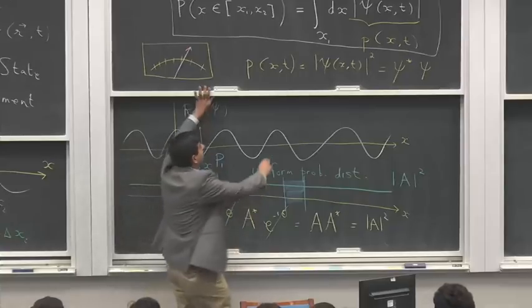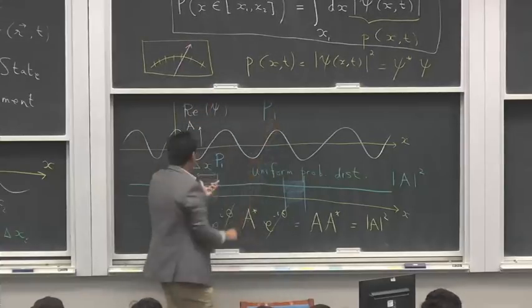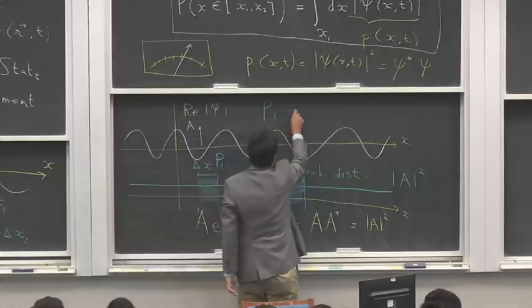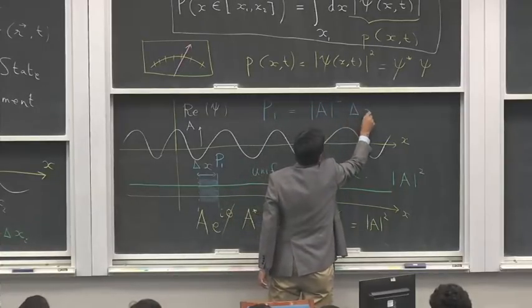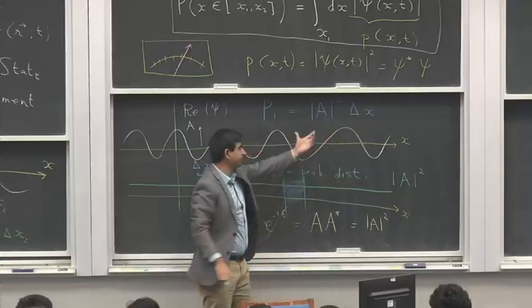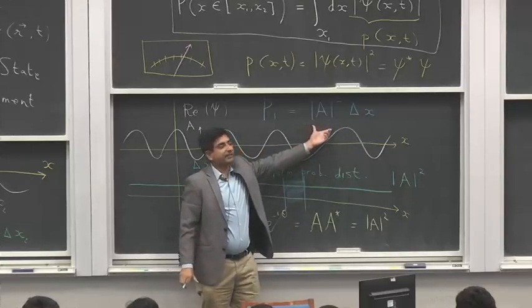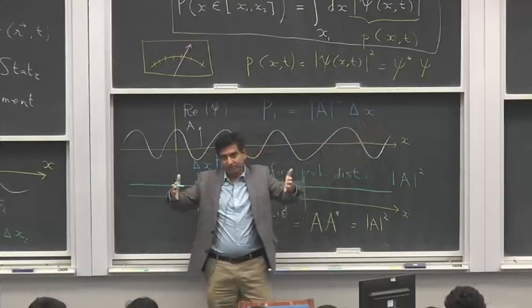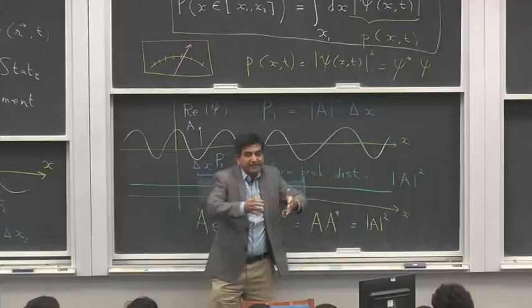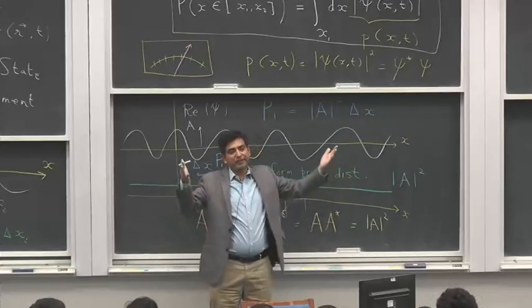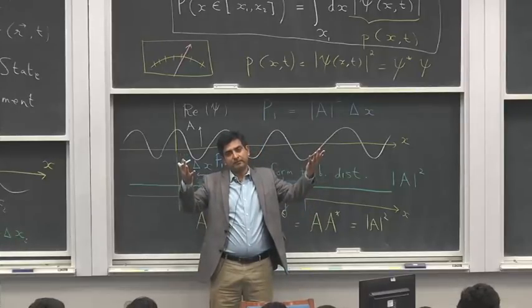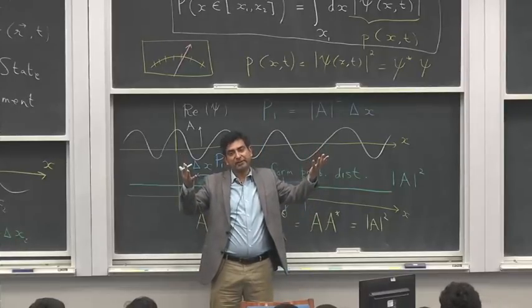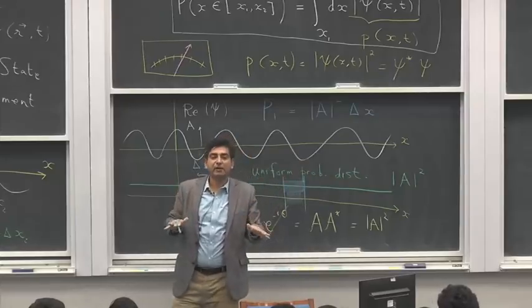The probability P1 of locating the particle inside this region is A modulus squared delta x, because this is the probability density, the probability per unit length multiplied with the length. So if I increase the length, the probability of locating the particle inside this region is going to go up. So it does depend upon the length. The probability density, however, is uniform.